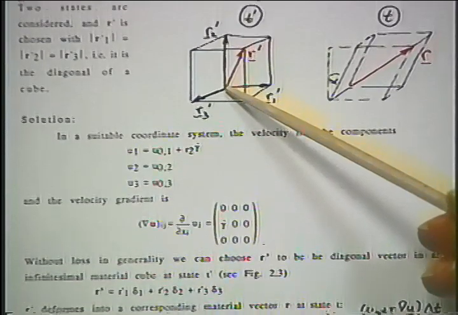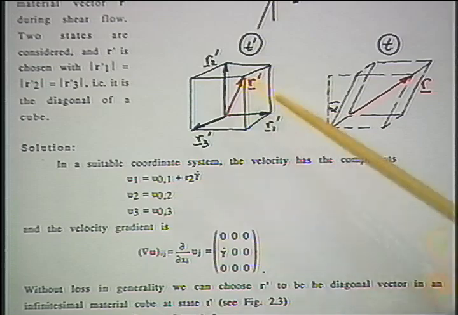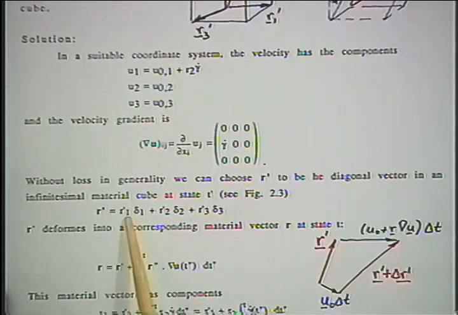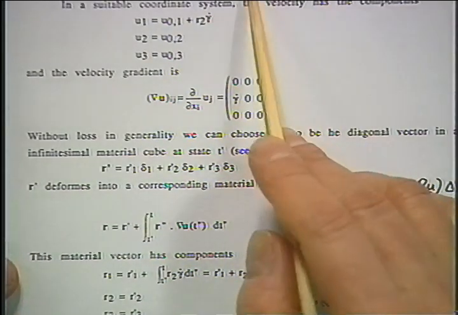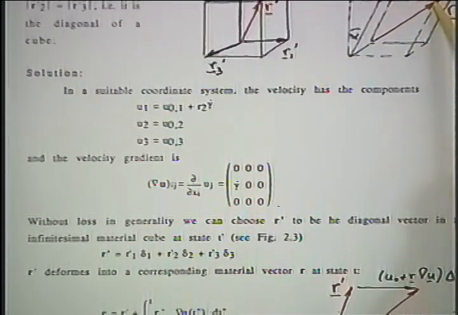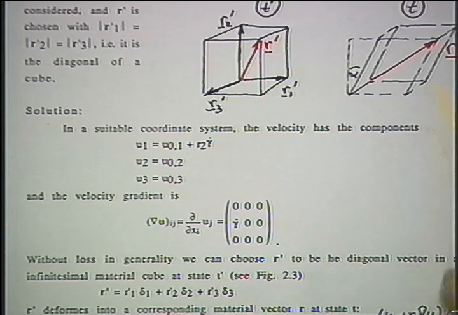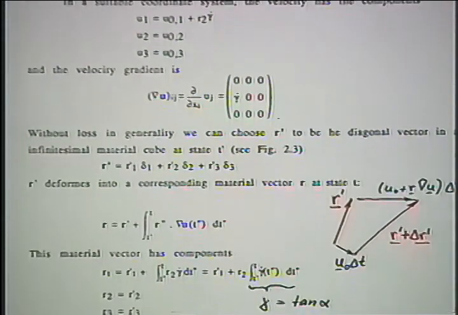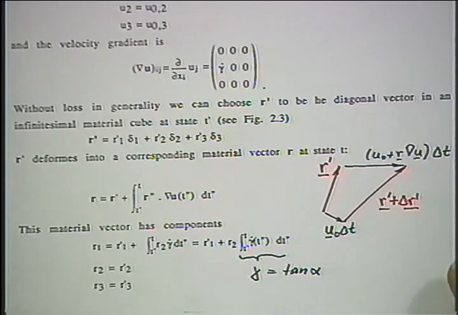Let's pick the diagonal of the cube. Let's pick R prime being just the diagonal. It would have a unit vector in one direction and two direction and three direction initially. And then as this little cube is deformed, the vector is elongated. It has more in one direction, it's longer. In two direction, it stays the same. And in three direction, it stays also the same. Now we can calculate this. And in general terms, it goes something like this.